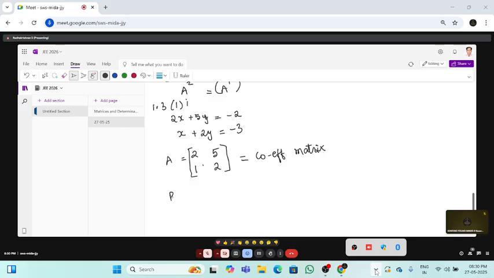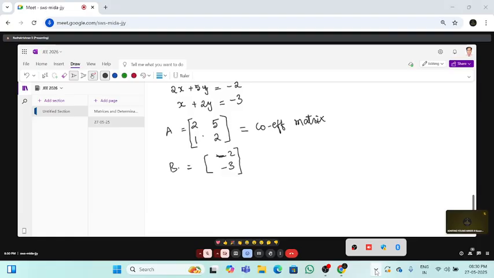Let B equal to minus 2, minus 3, the values matrix.